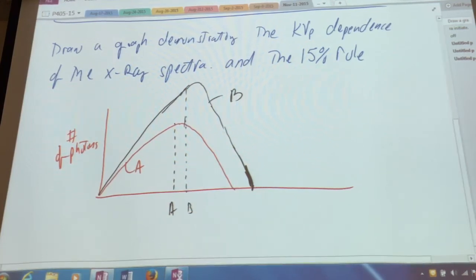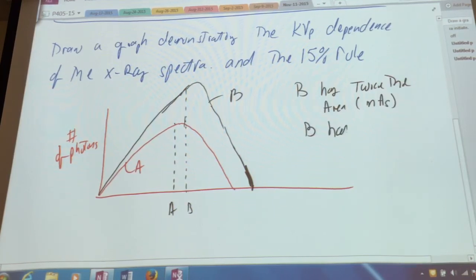So the high points are, B has twice the area, and we're thinking that is related to MAS. B has higher average energy.